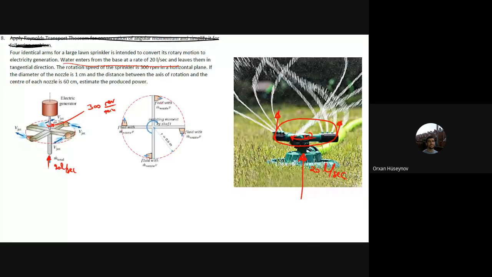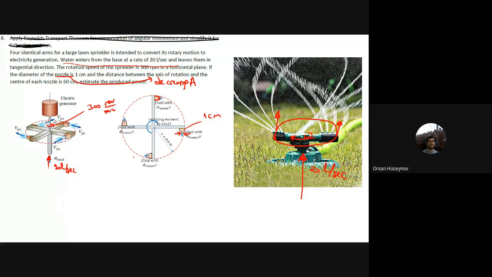In a horizontal plane, the diameter of the nozzle is 1 centimeter, which means a decreasing area. Here you can see the area has decreased, so the diameter for the nozzle is 1 centimeter.